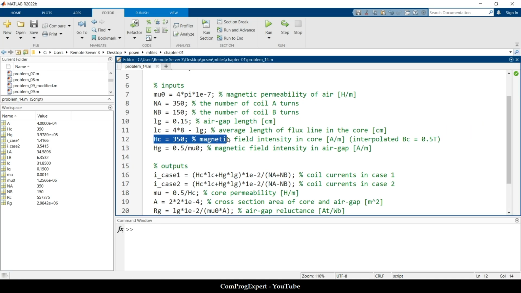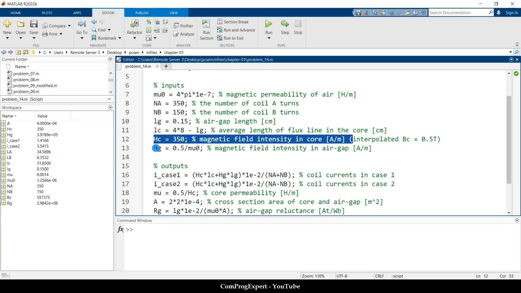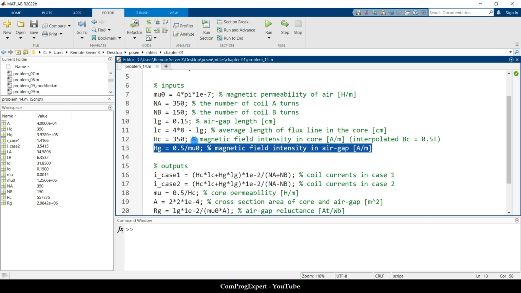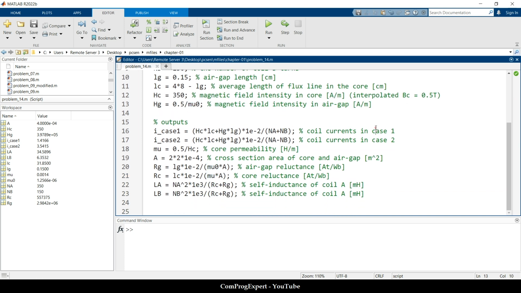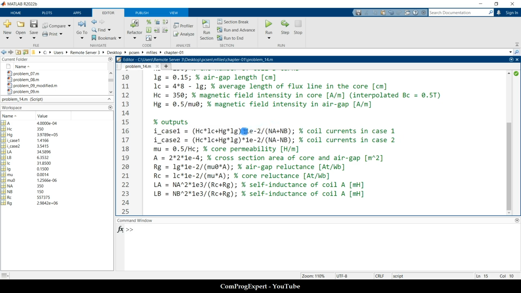This is the value of the magnetic field intensity in the core interpolated from the curve considering B core equal to 0.5 Tesla, and this is the H gap, 0.5 Tesla divided by the mu 0. So here we have these two cases, the case 1 and the case 2.